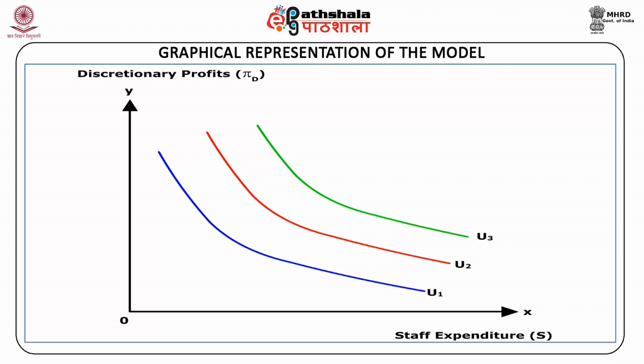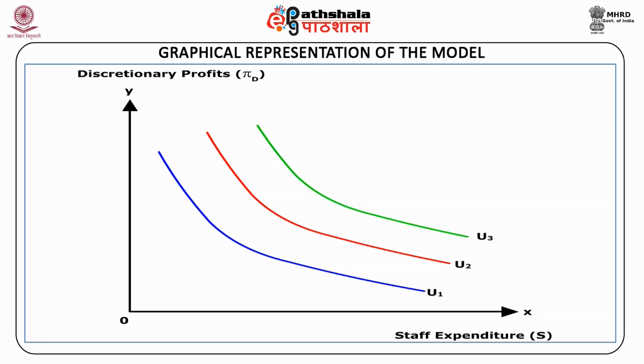Higher level of indifference curve will give higher level of satisfaction to the manager. Thus, in order to maximize utility, the managers try to be on the highest level of indifference curve with given profit constraint. In the following figure, the x-axis shows the staff expenditure, the y-axis shows discretionary profit, and various combinations of both are shown on various indifference curves.